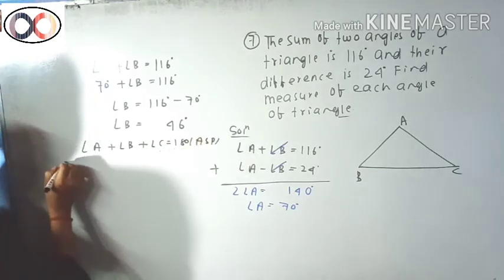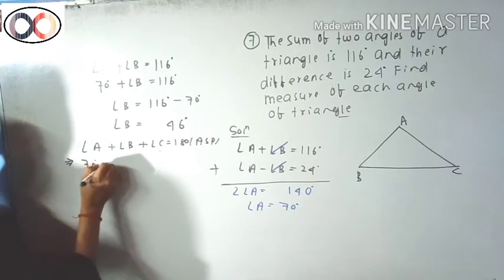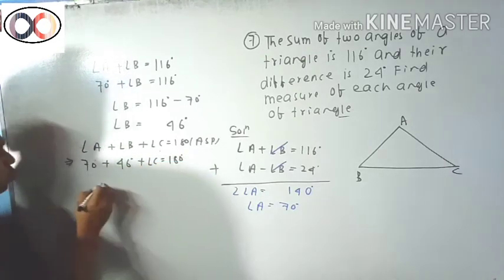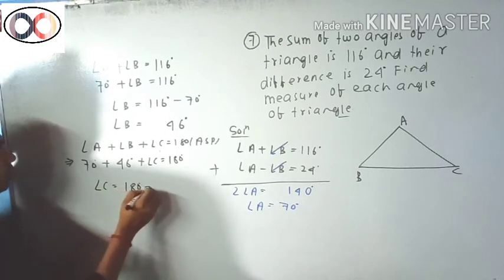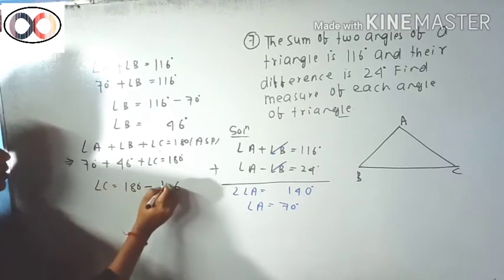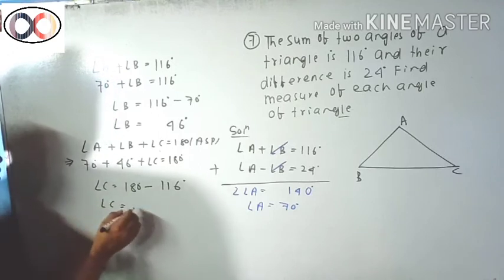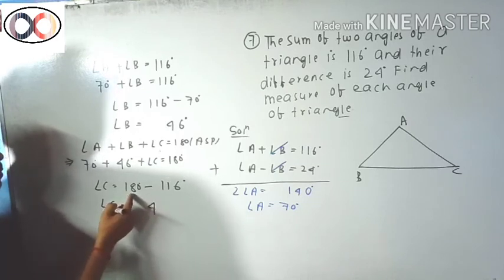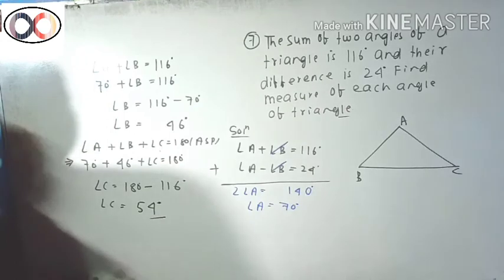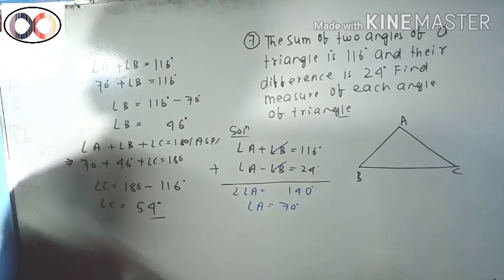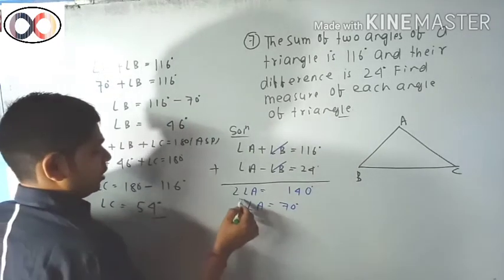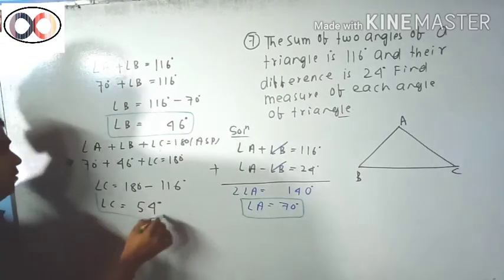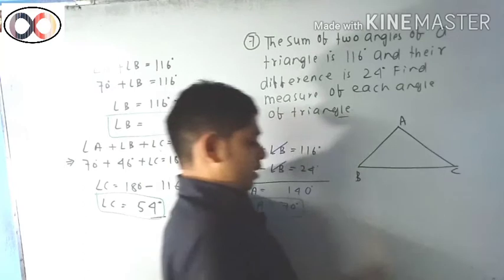Angle A is 70 degrees and angle B is 46 degrees, so angle C equals 180 minus 116, which is 64. So angle A is 70 degrees, angle B is 46 degrees, and angle C is 64 degrees. This is the value of the angles of the triangle.